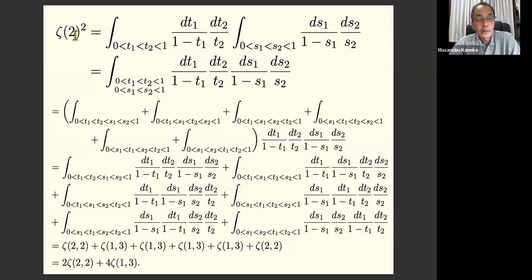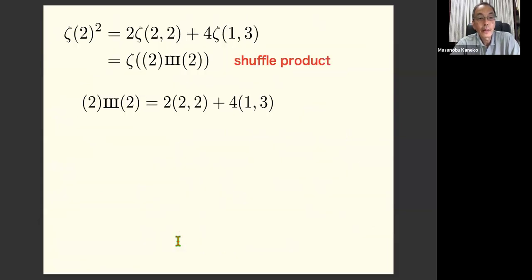So this product using the integral equals twice zeta 2, 2 plus 4 times zeta 1, 3. This rule is called the shuffle product, like a shuffle of cards. So in this case, zeta 2 squared is zeta of 2 shuffle 2. This is again the formal multiplication on the formal space of indices.